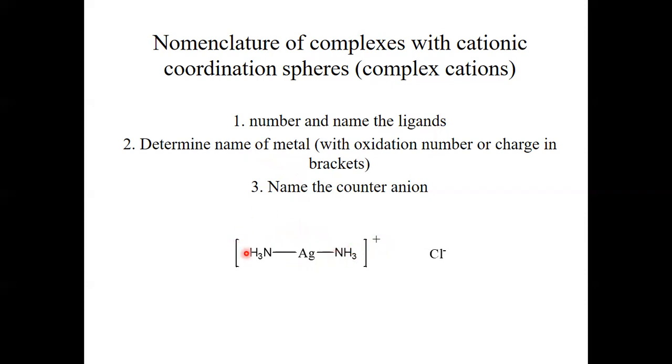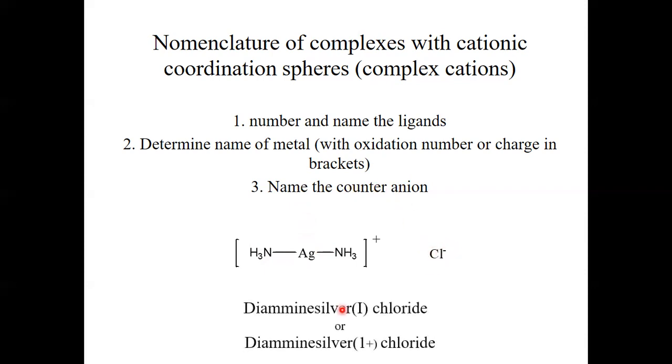The amine ligands are neutral because the ammonia molecules from which the ligands are derived are neutral. So therefore, the silver must have 1 positive charge and the oxidation number must be +1. Lastly, we name the counter anion, which is in this case chloride. So overall, this is diamine silver 1 chloride or diamine silver 1+ chloride in the Stock and Ewens-Bassett system.